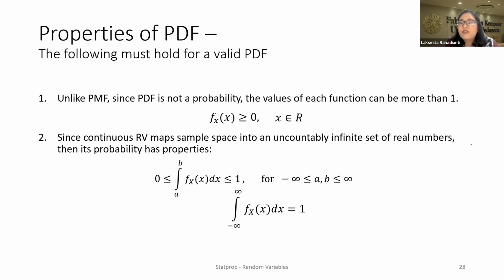And as such, the value of the function can be more than 1. The f itself can be more than 1, because the important part is that when I integrate it, it cannot be more than 1. The integration must be between 0 and 1, because the integration is what is equal to probability.